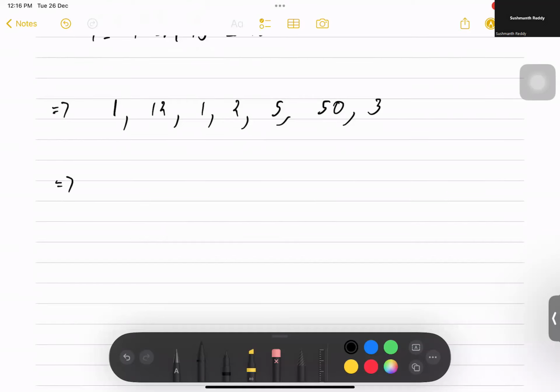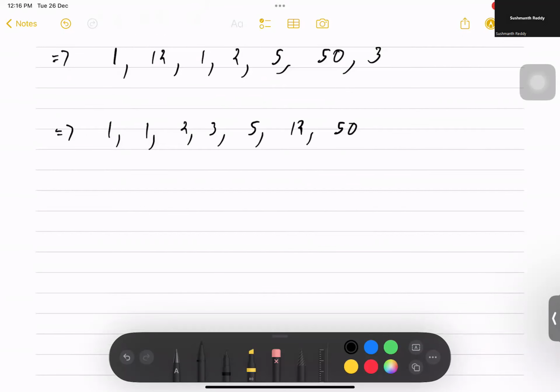So what we can do is sort all these lines based on their lengths: 5, 12, and 50. Now we can first observe the monotonicity.